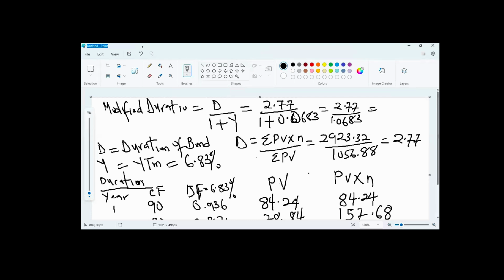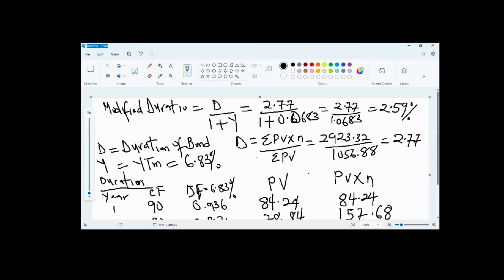Final answer? 2.59. 2.59 in percentage. We have estimated the modified duration.